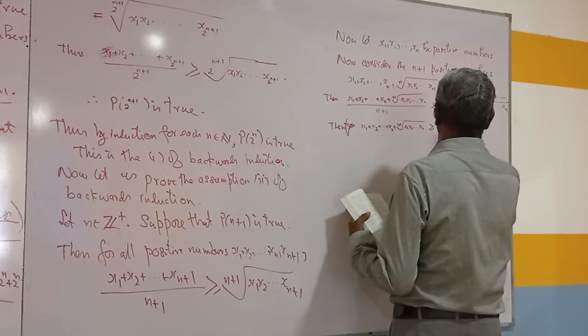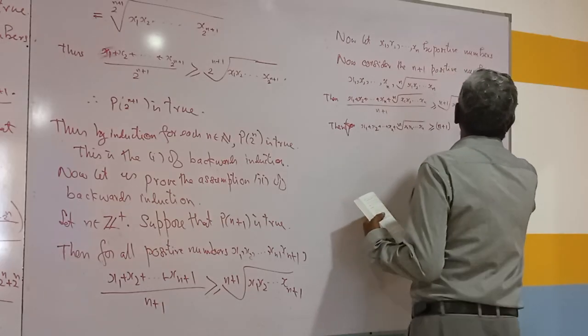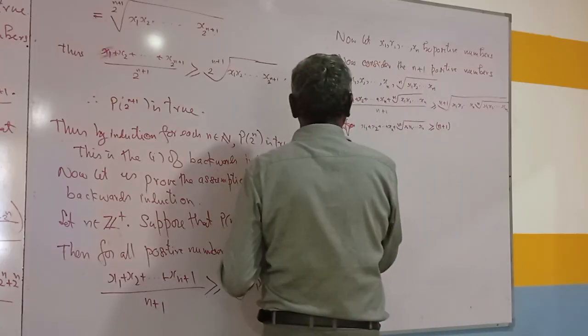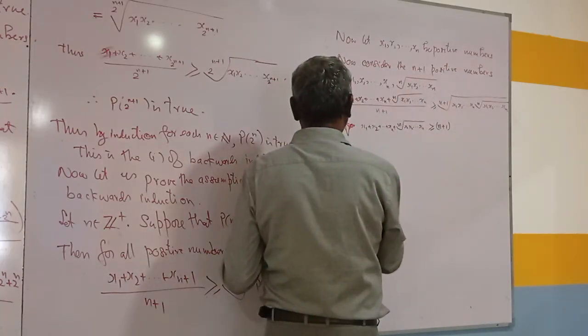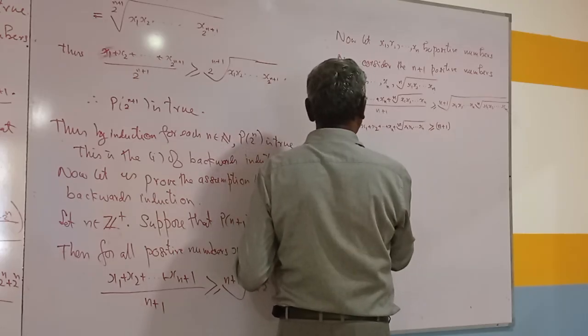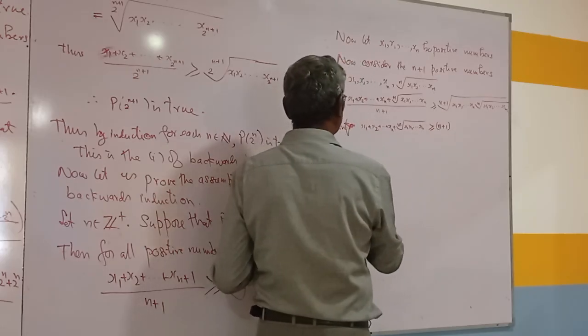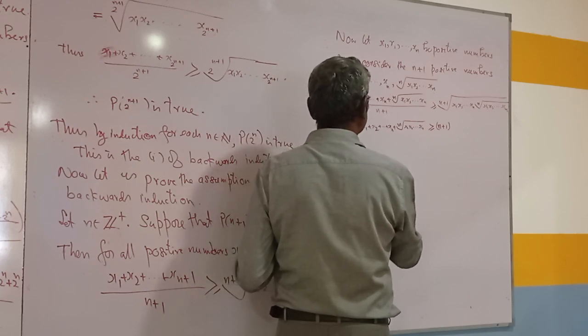n+1 times, say if this one is y, then y to the 1 over n, no? So it is like y to the (n+1) over n, no?